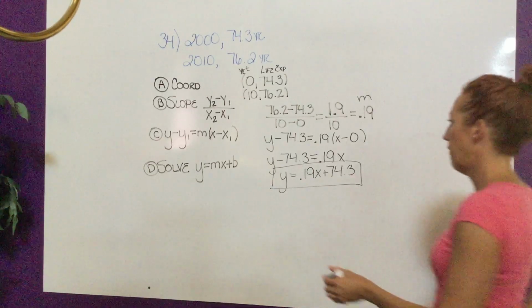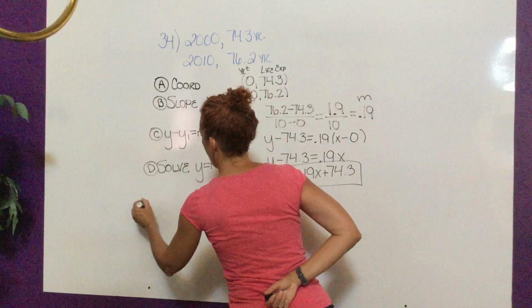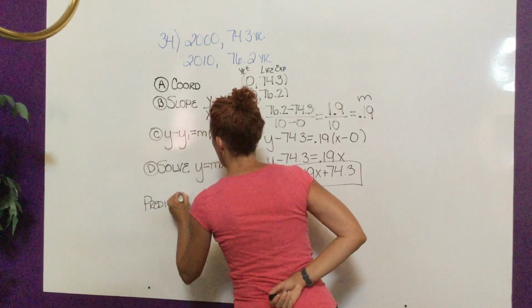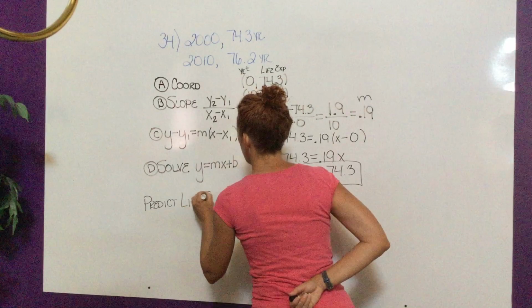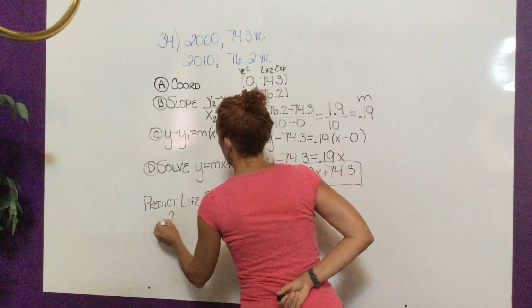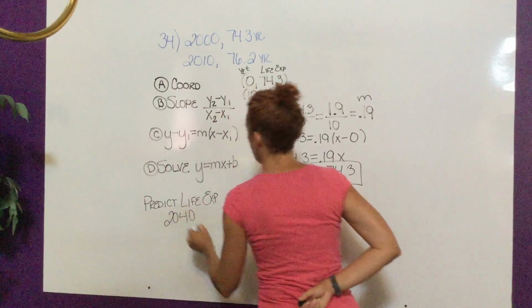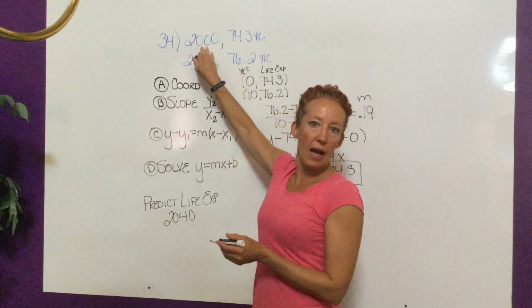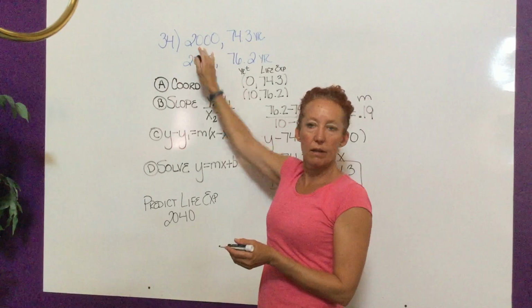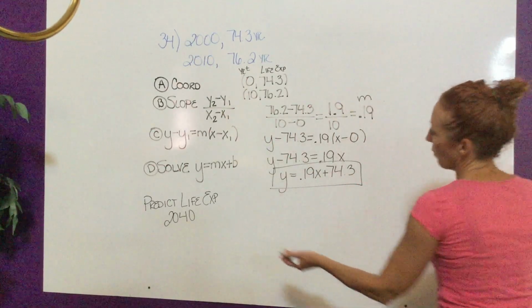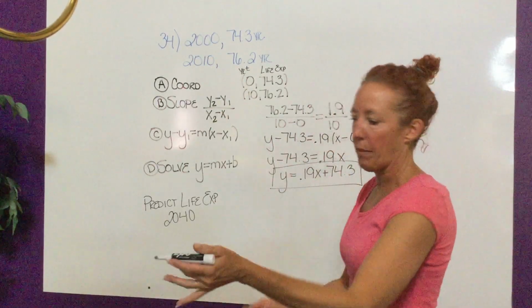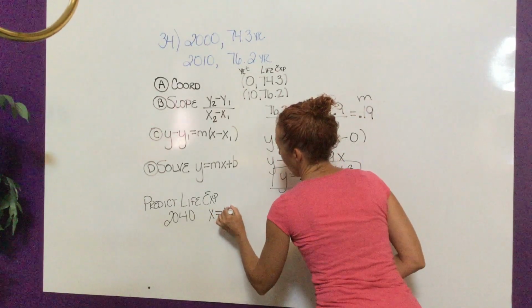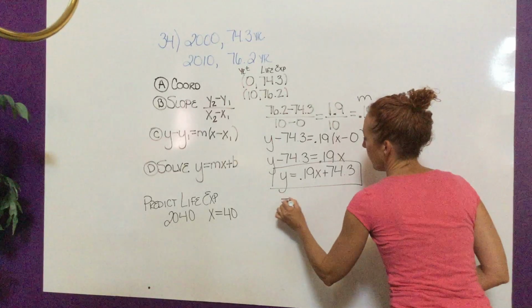If you want to know how to finish this up, oftentimes it will have a part B, predict life expectancy in, say, 2040. So that would be 40 years after our initial year of 2000. So if this was the follow-up that's not matching the textbook, I'm just making this up, we would plug in x equals 40.